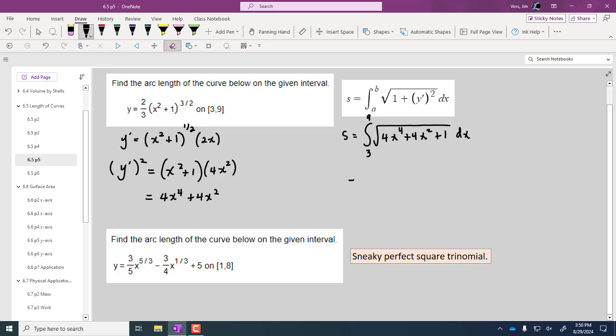Is it a perfect square trinomial? It's not a sneaky one, it's just a regular one if it is. So let's see, 2x plus 1 squared. Is that it? All right, so 2x quantity squared is 4x squared. 1 squared is 1. The middle term is going to be 2x times itself.